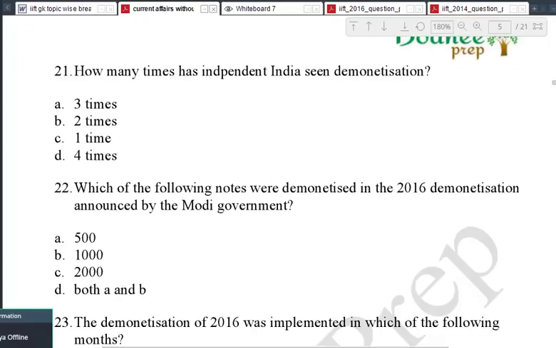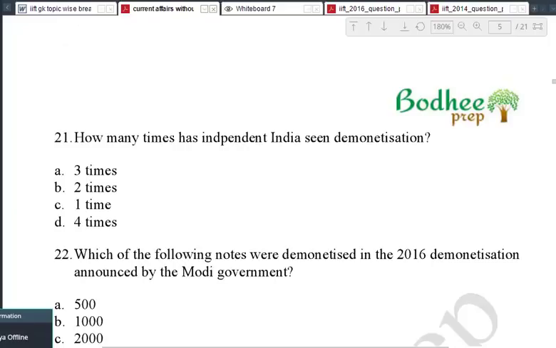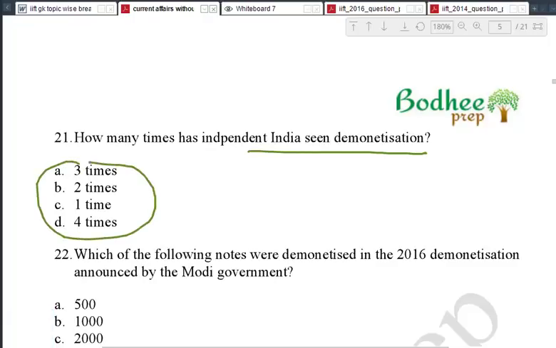Now look at this, it's very interesting. It's a demonetization special quiz. How many times has independent India seen demonetization? 3 times or 2 times. 1978, 1946 and 2017.